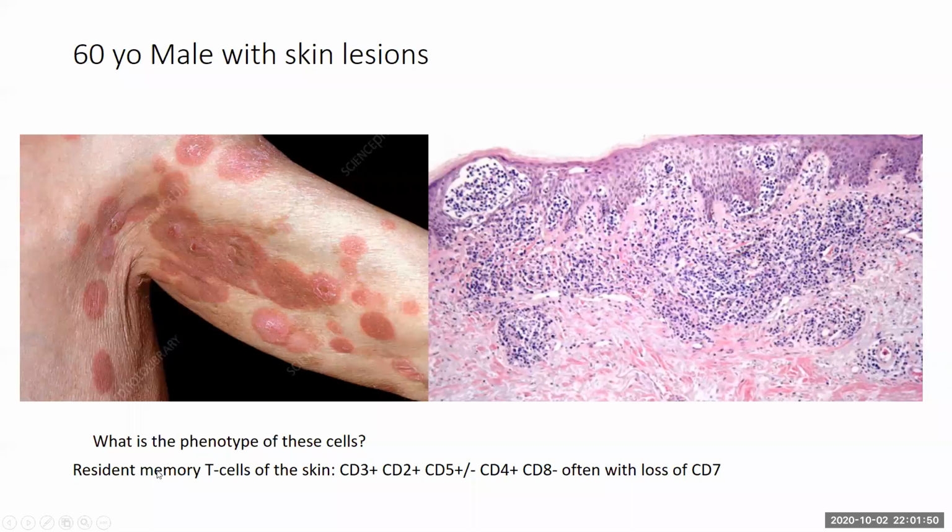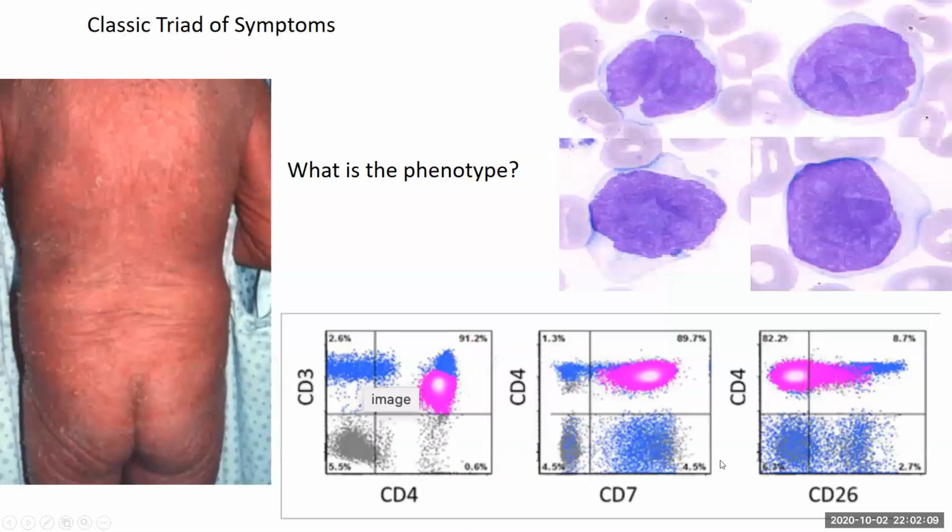The memory cells, I kind of remember along the lines of CD4 helper cells. So these will be CD4 positive. They don't have a cytotoxic phenotype, so they'll be CD8 negative. And they also commonly have loss of CD7.